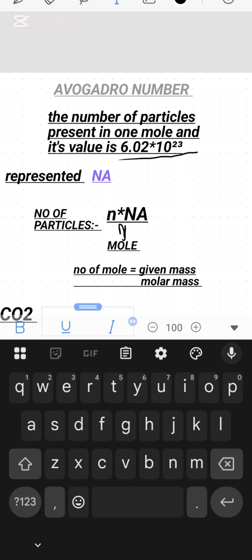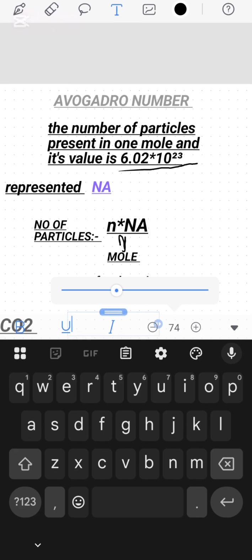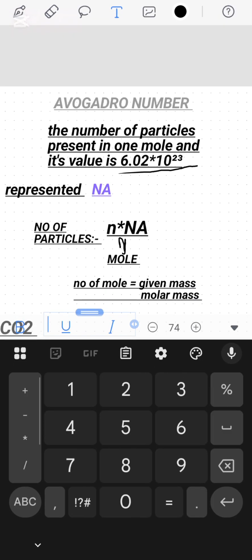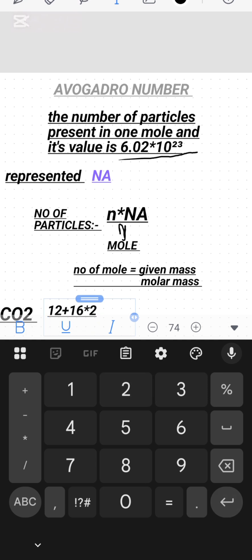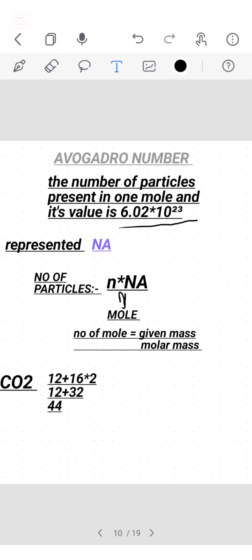If we find the atomic mass of CO2, the atomic mass of carbon was 12, so 12 plus oxygen was 16, which will be multiplied by 2, so 16 multiplied by 2. Now 12 plus 32 becomes 44. That is our answer, the atomic mass of carbon dioxide.